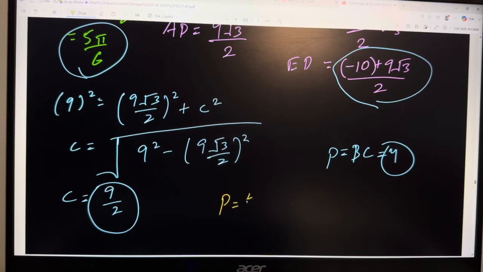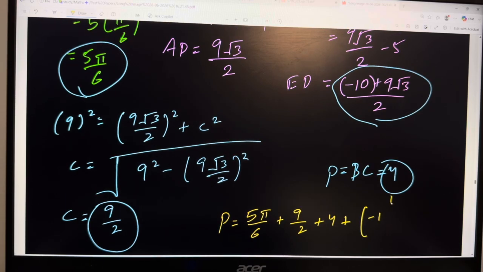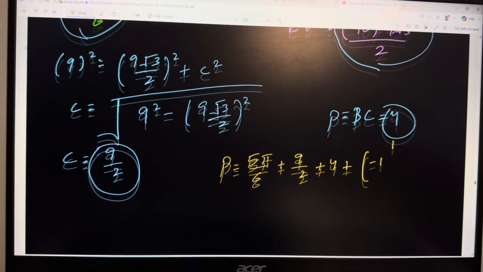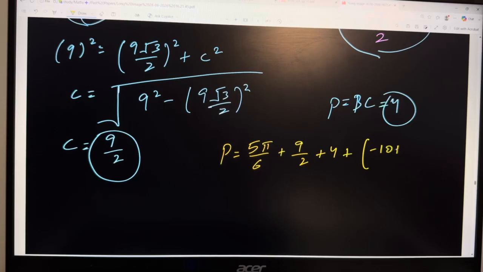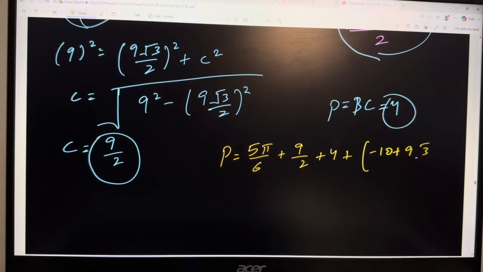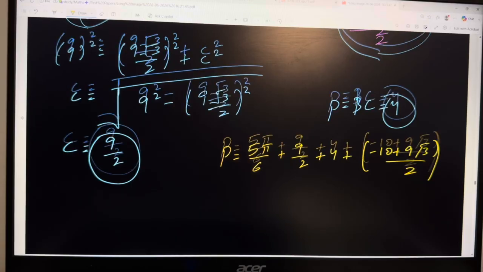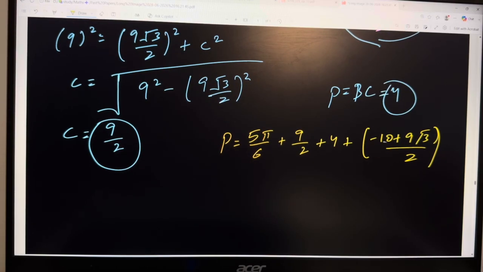Perimeter is equal to 5 pi by 6 plus 9 upon 2 plus 4 plus minus 10 plus 9 under root 3 upon 2. Please don't get confused, this minus 10 is alone, not the fraction's minus. So don't take this minus overall, this is a positive number.